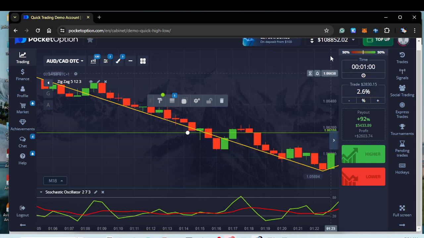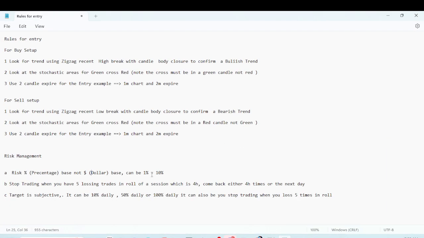But with percentage, the more your capital increases, the more it uses of the 2.5% of the capital. If you're losing, it uses a lesser amount. So it makes a lot of sense to use percentage base, and it can be 1 to 10%, based on your capital and your risk tolerance. Remember, this is not financial advice, and you can lose all your money. So just know all of that risk involved.